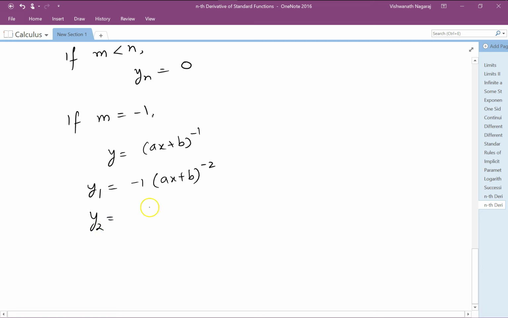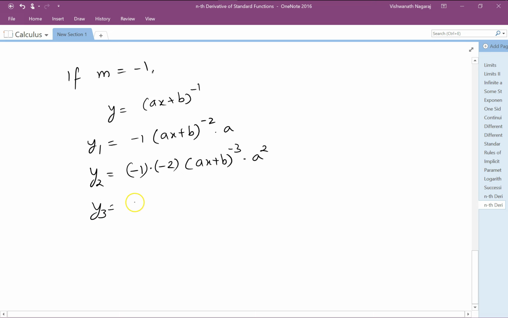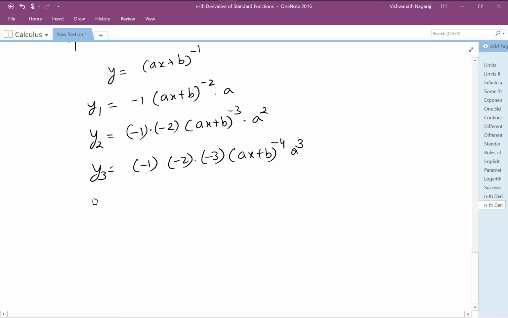y2 would be equal to minus 1 times minus 2. Let's keep it in brackets. (ax plus b) to the power of minus 3. Now times a. We should not forget that. y3 is equal to minus 1 times minus 2 times minus 3 times (ax plus b) to the power of minus 4, a cube.